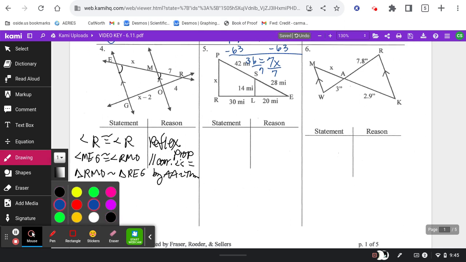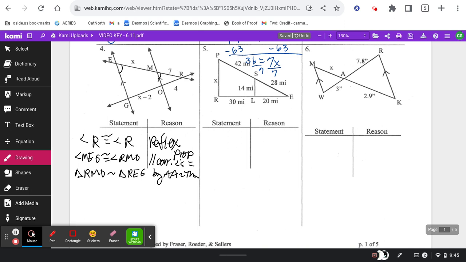Okay, once I prove similarity, then I can go solve for x by saying this whole big is x plus 2.